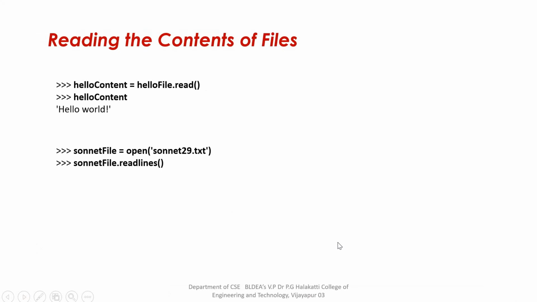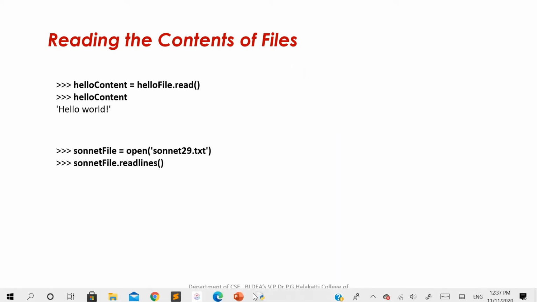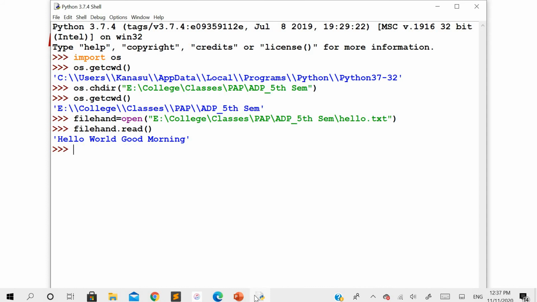As a next concept, one more method that you can use is readlines. For extracting the contents of the file, you can use readlines, which will return the contents in the form of a list here.